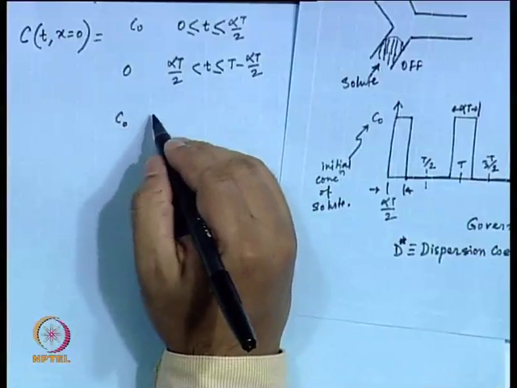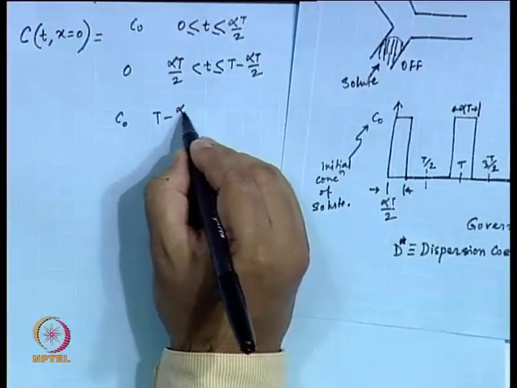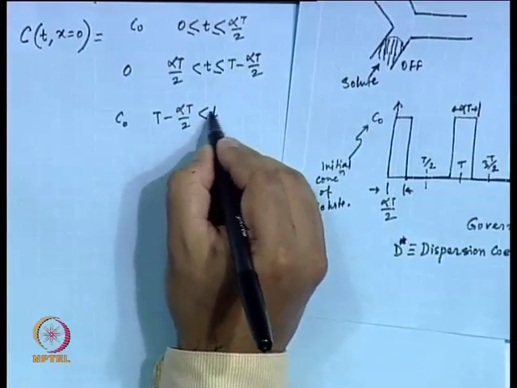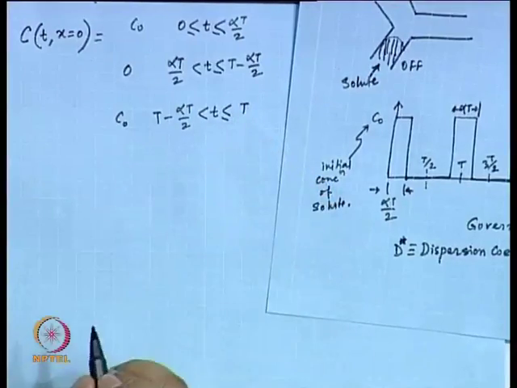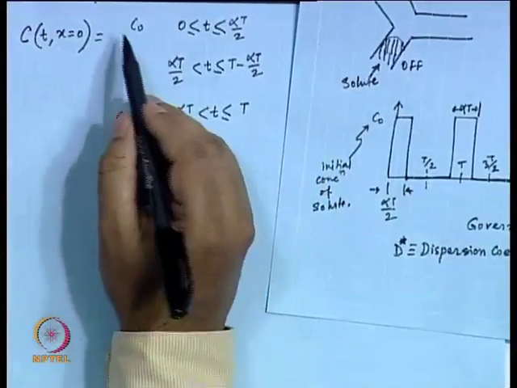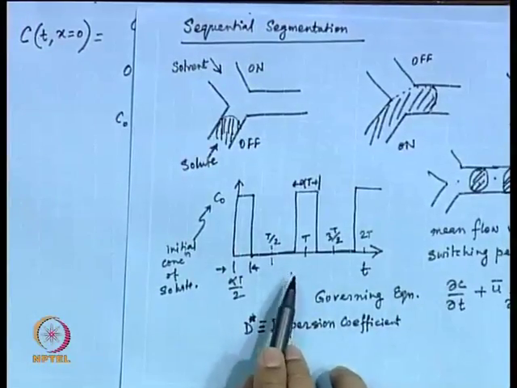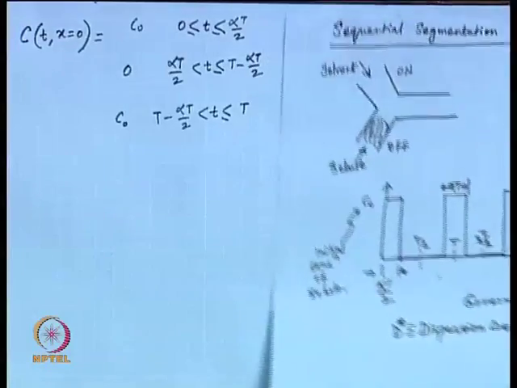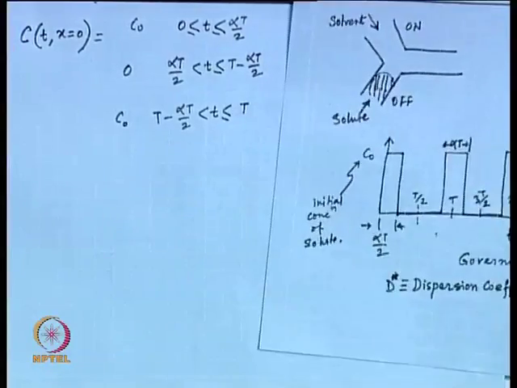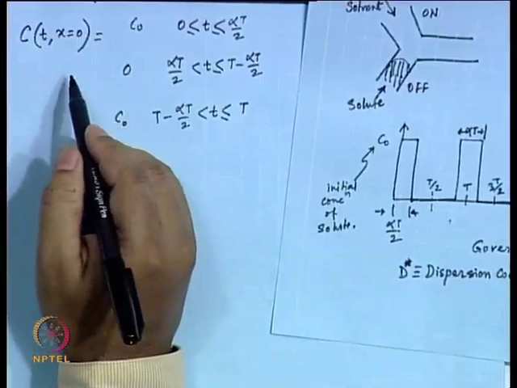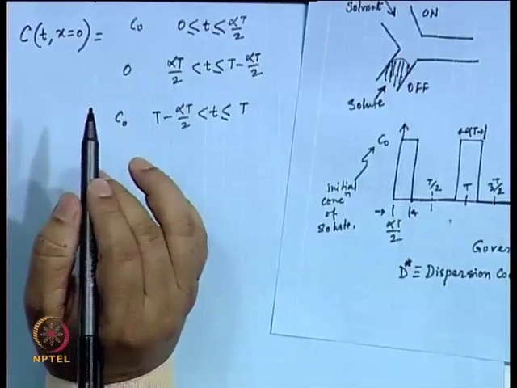And when it is C0 again, it is between T minus alpha T by 2 and T. So, this is the condition at the inlet that you are following. So, that is generating this plot. All right, this should be clear to everybody. So, this is the concentration for all the time at x equal to 0, that means at the inlet.